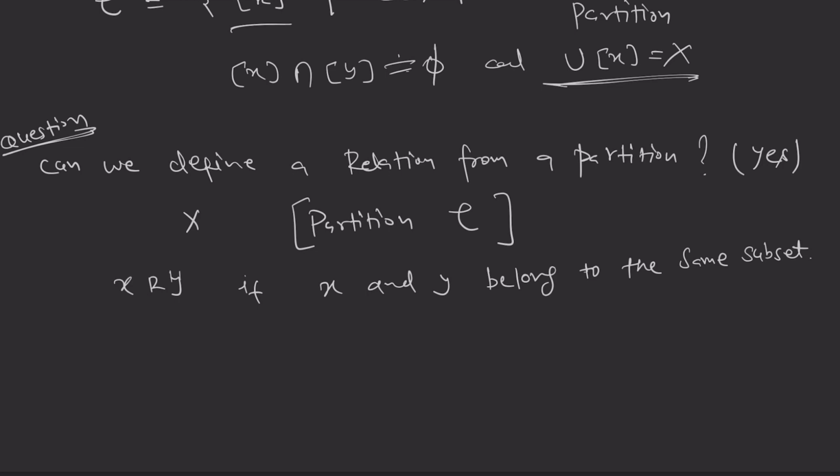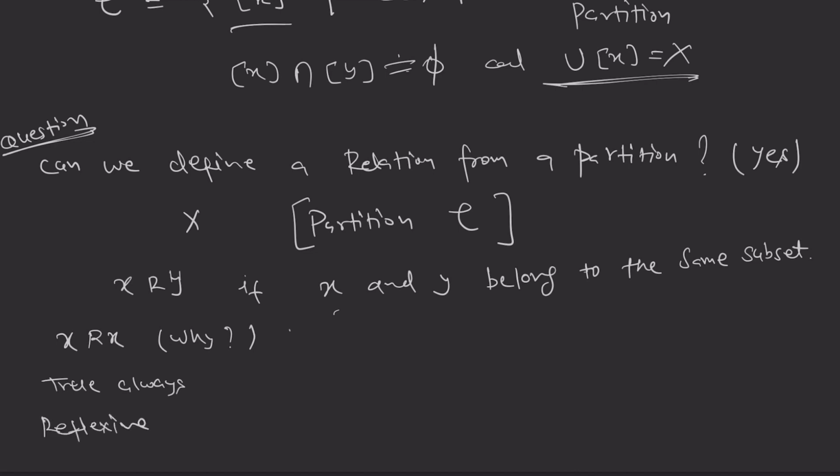Now here you can see that x is related to x. Why is that? Because x related to x means x and x belong to the same subset, which is always true. This holds for all x, so this relation is reflexive.